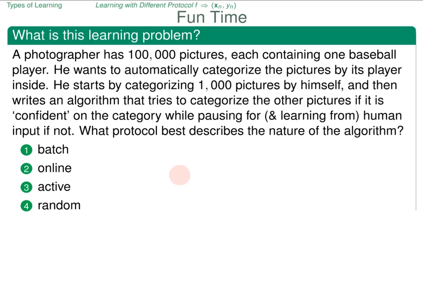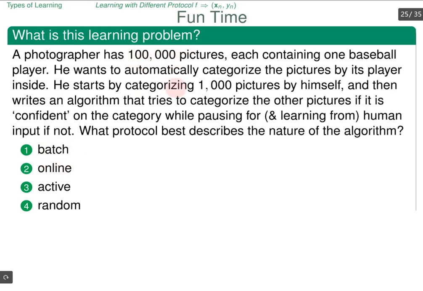What protocol best describes the nature of this algorithm? Is it batch or online? Is it active, random? In the batch case, we need to learn from the entire collected data at once.